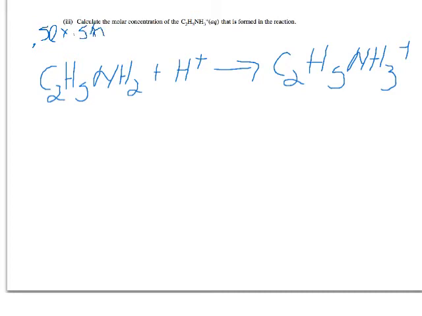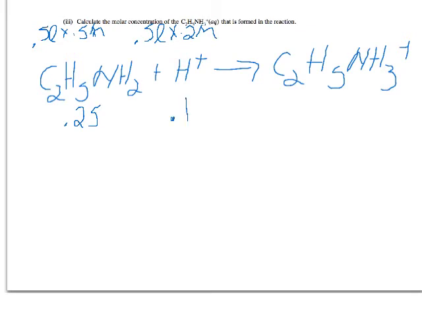So that's going to give you 0.25 moles. And for the HCl, you're told also that you have another 0.5 liters, and the concentration is 0.2 molar. So that's going to give you 0.1 moles.